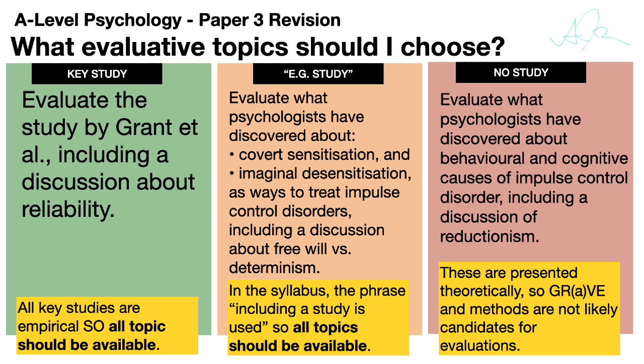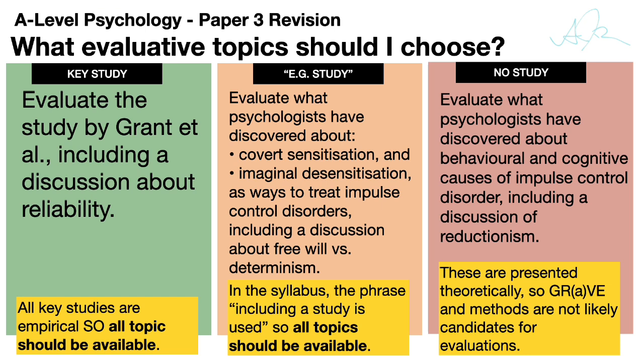A little bit more difficult would be one of those what I call EG studies, for the example studies that the syllabus recommends. So let's look at this question. Evaluate what psychologists have discovered about covert sensitization and imaginal desensitization. Now it's nice that they give us those 2 bullet points because we know what the paragraphing structure will be for the describe section.